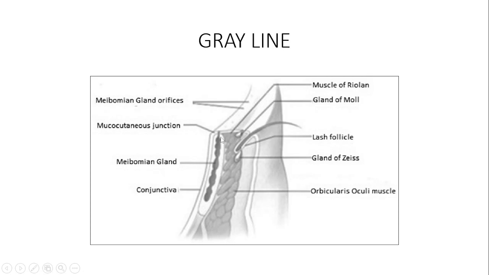In summary, anterior to the gray line, we have what? The orbicularis oculi muscle, the eyelashes, gland of Zeis, gland of Moll. Of course, the skin is there. And posterior to the gray line, you have the Meibomian glands, their orifices, okay, these are found here, the conjunctiva, and of course the mucocutaneous junction.